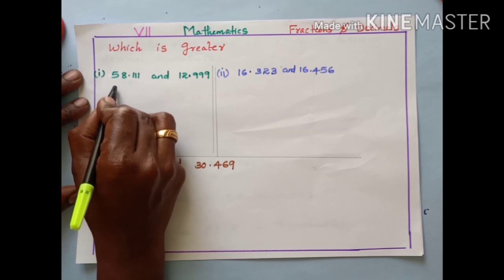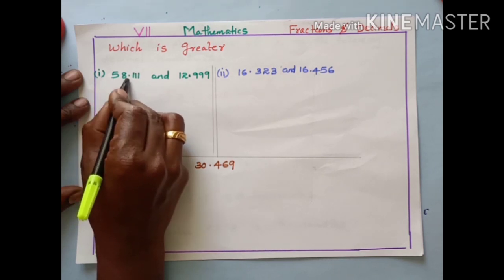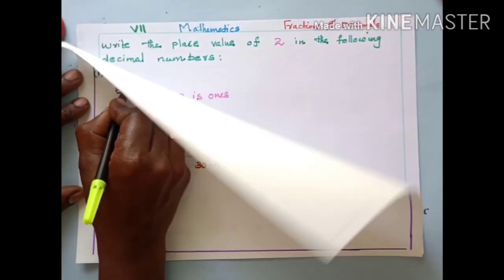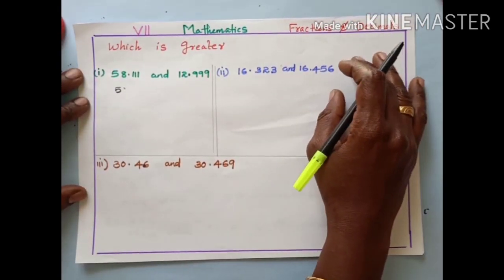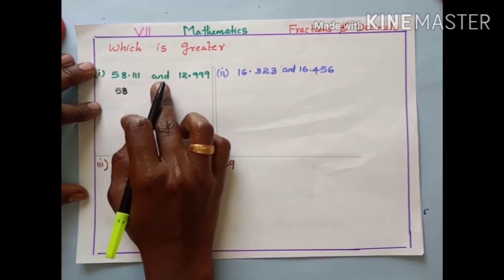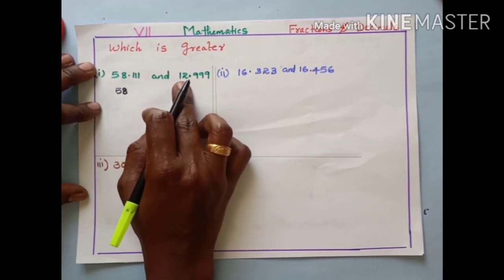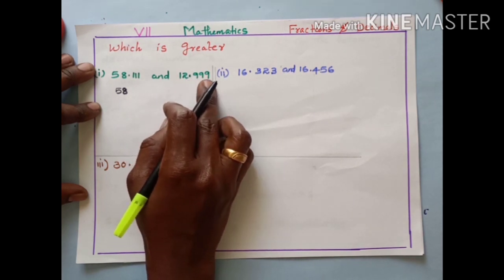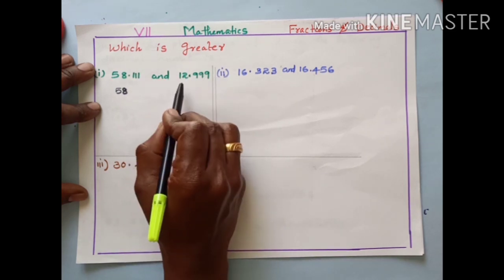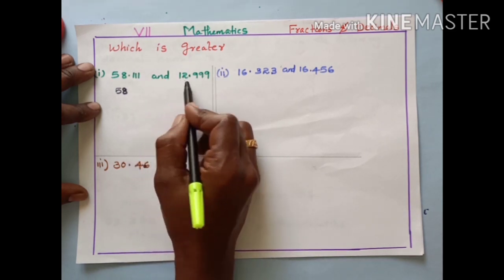Before the decimal point 58 and here, in the second decimal number 12.999, the whole number part is 12.